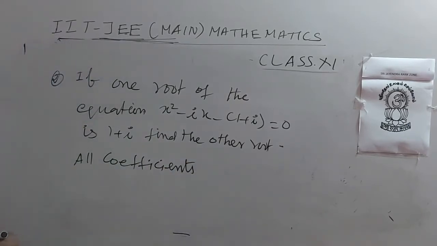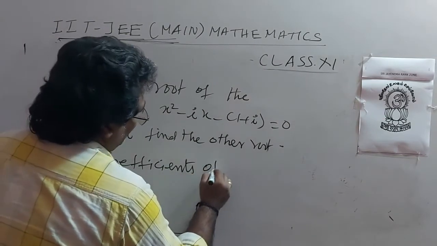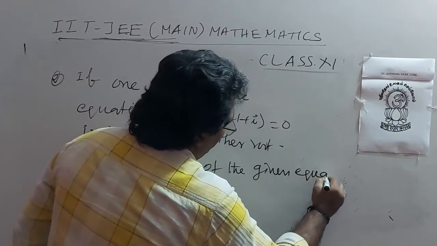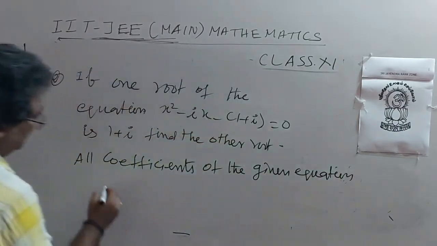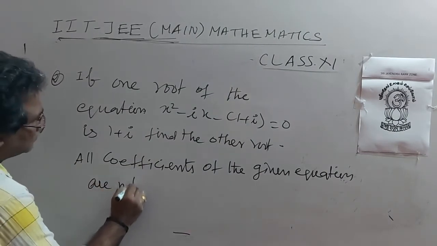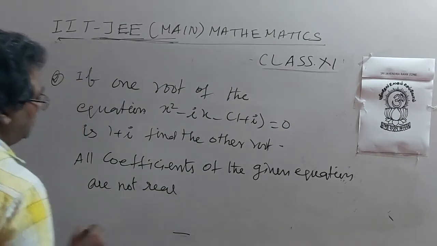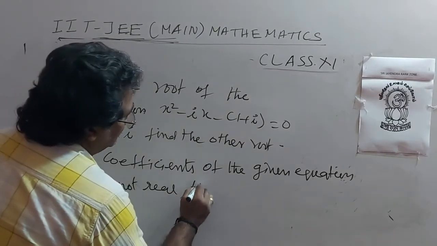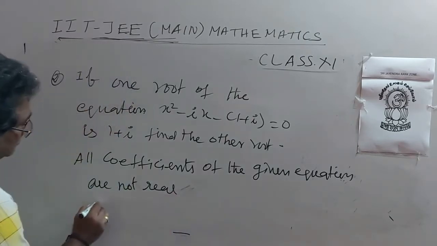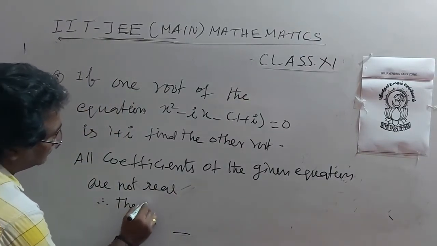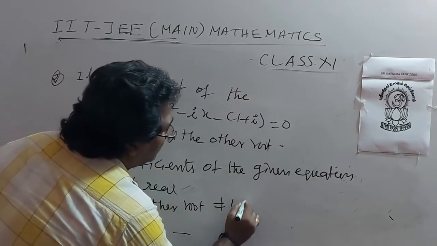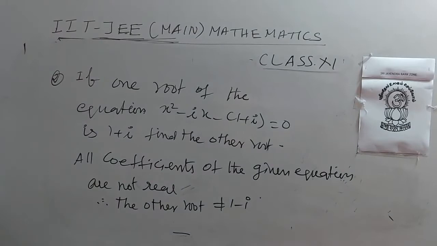All coefficients of the given equation are not real. Therefore the other root is not equal to 1 minus i.